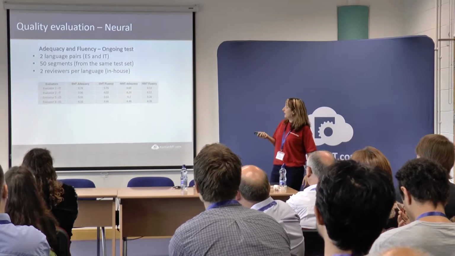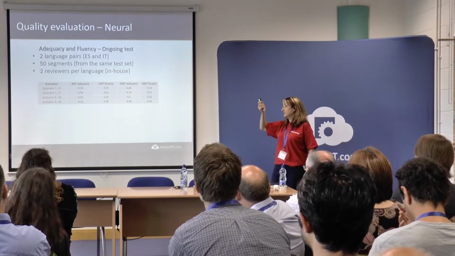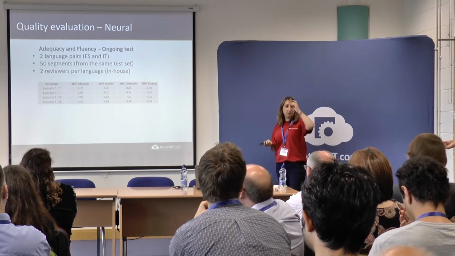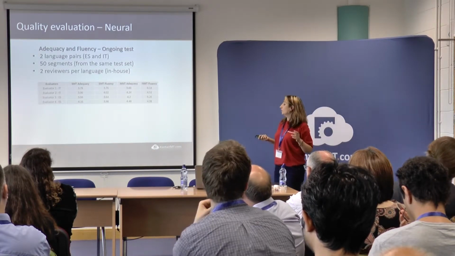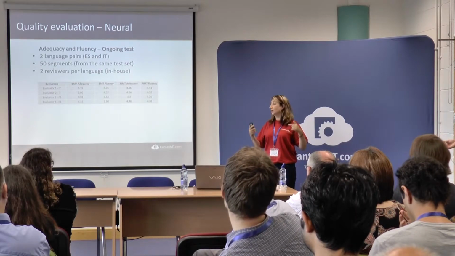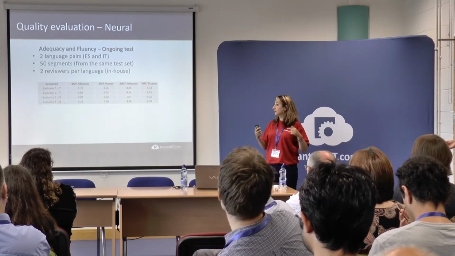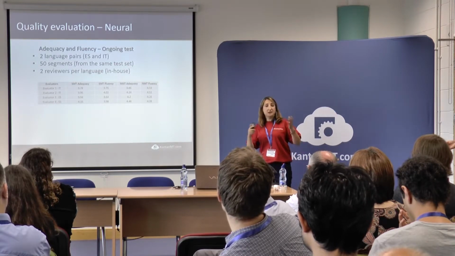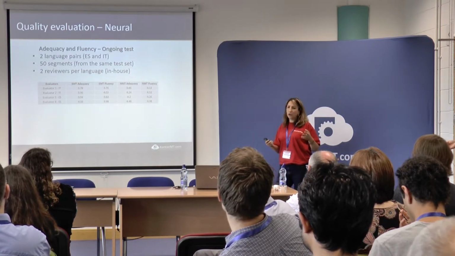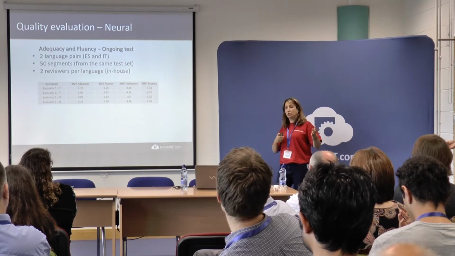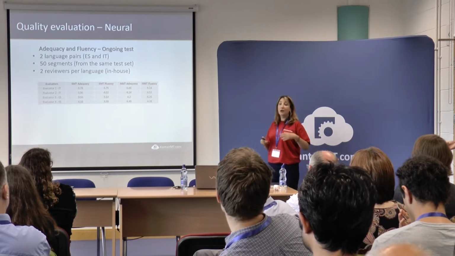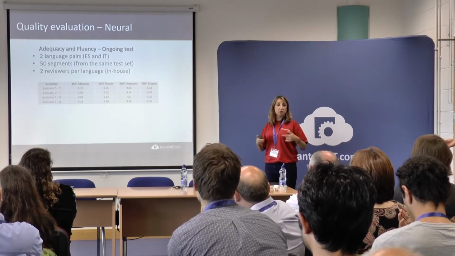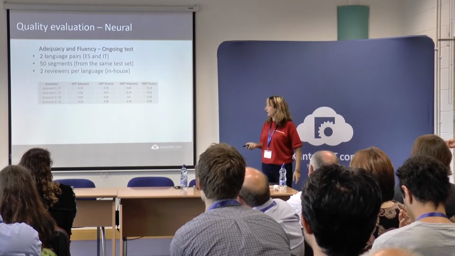So we have an ongoing test, and I'm just going to give you a little overview of what we've seen already. Because we can evaluate 2 languages in the office, Italian and Spanish, we do it in-house to make sure that the test is okay, not too long, not too short, and then once we know it is correct, we send it outside and do the other languages.